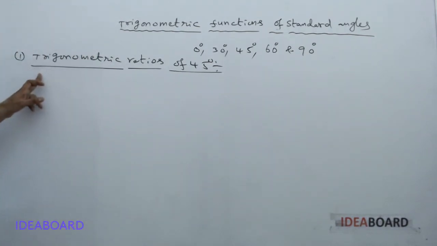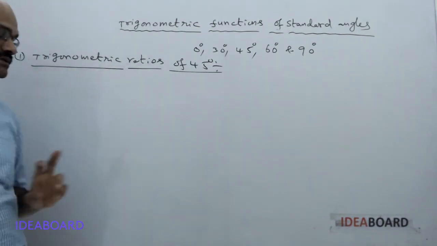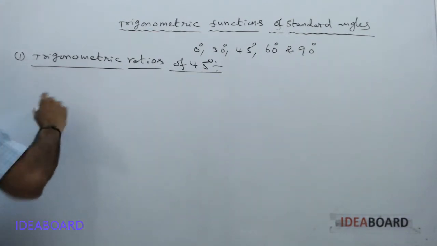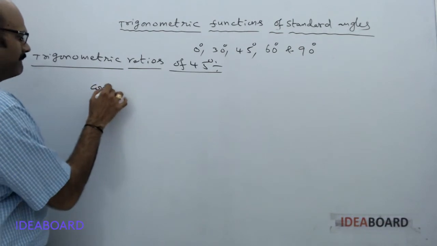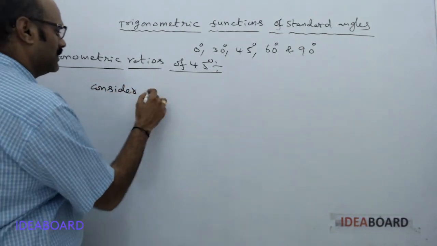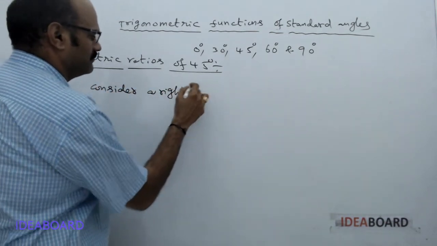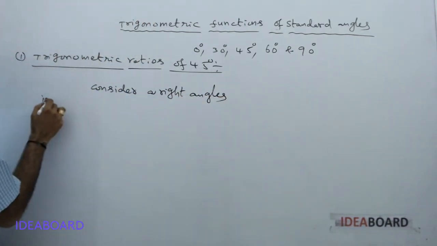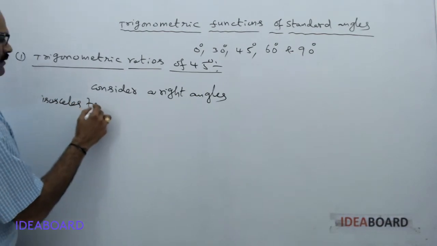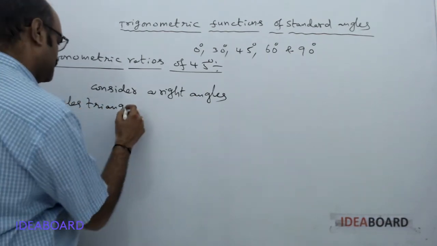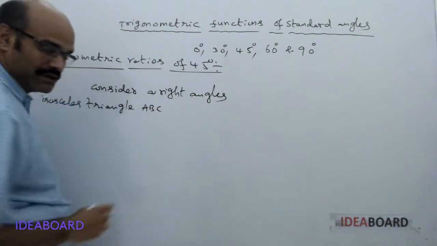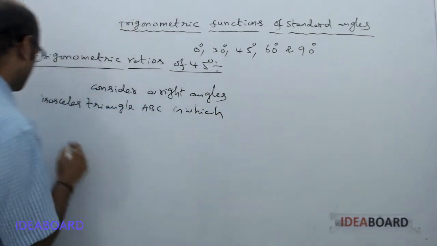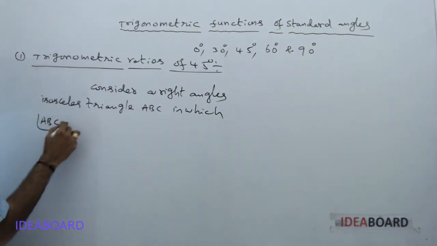To find the trigonometric ratios of 45 degrees, we have to take a right angled isosceles triangle. Consider a right angled isosceles triangle ABC, in which angle ABC equal to 90 degrees.